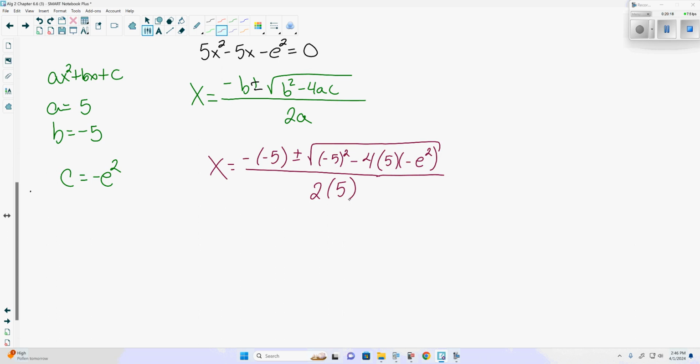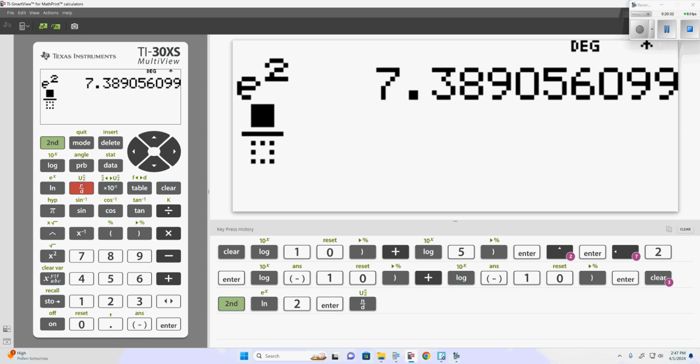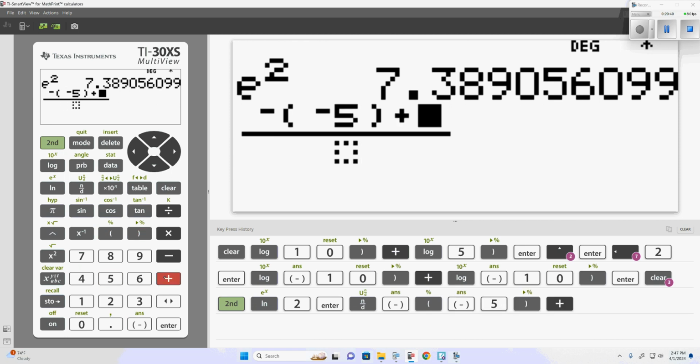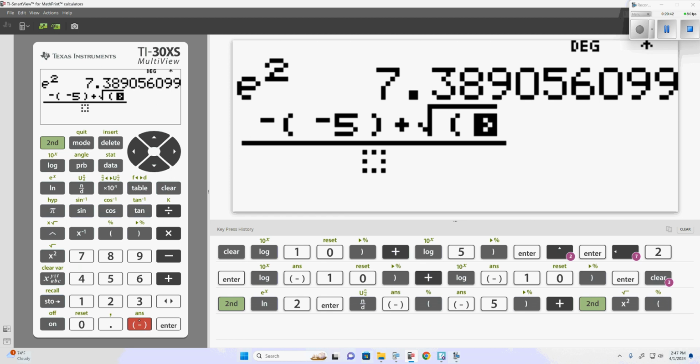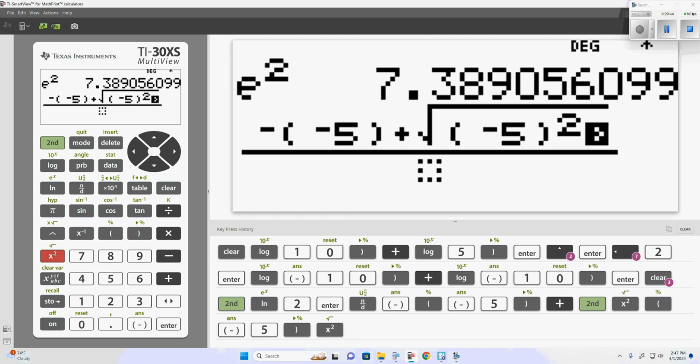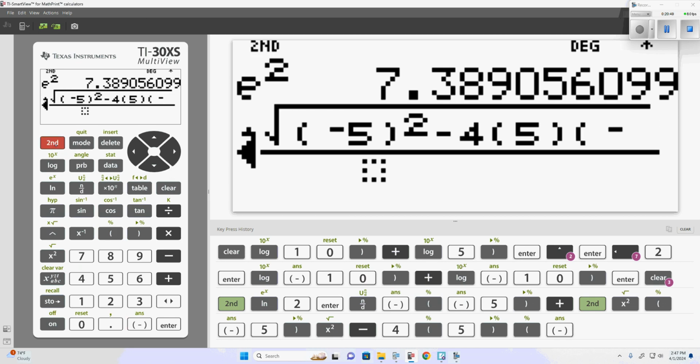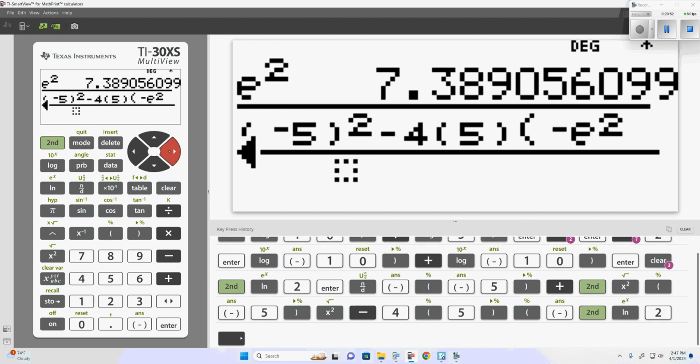Now from here, normally we would type in what's inside the radical before we take the square root, but it's going to be an irrational number, a non-repeating, non-terminating decimal. So we might as well type the whole thing in all at once. On our calculators, we have our fraction, negative -5, plus second square root, -5 squared, minus 4 times 5 times negative e squared.